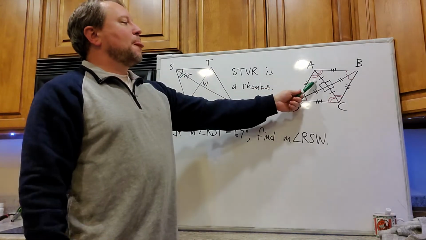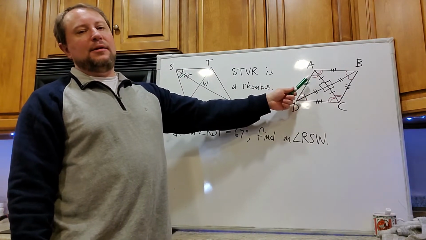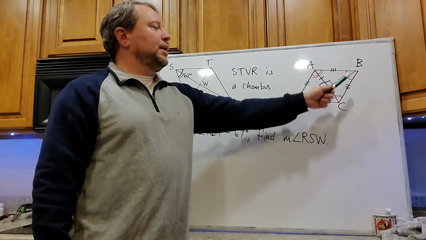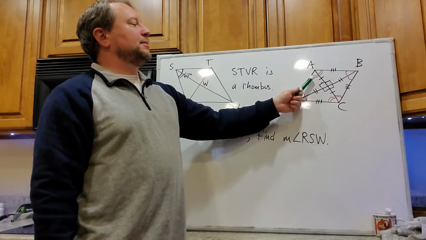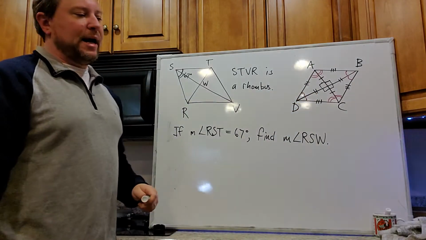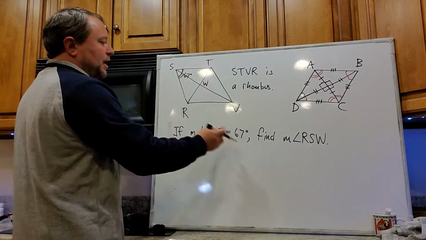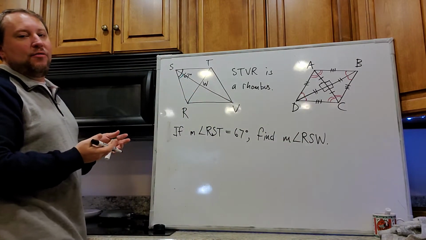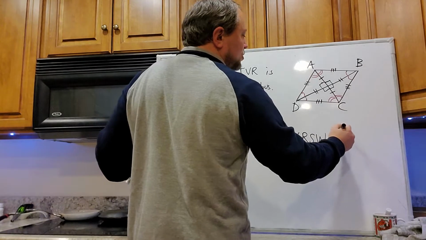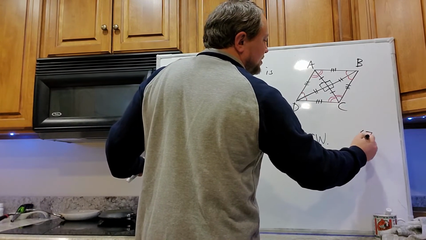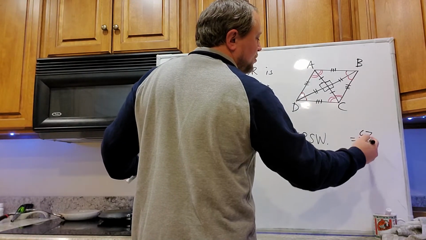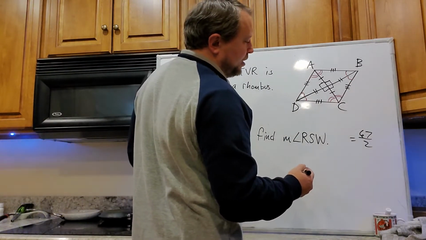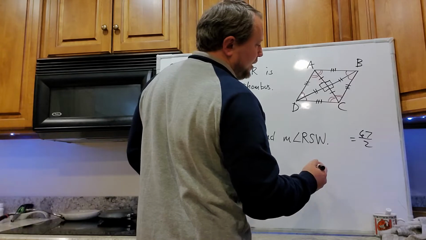Remember, we learned today in this section that on a rhombus, when you draw the diagonals in, it bisects the angle. It cuts it into two equal halves. So the angle they want us to find, RSW, should be exactly half of that overall angle. So all I have to do is take 67 divided by 2, and half of that would be 33.5.